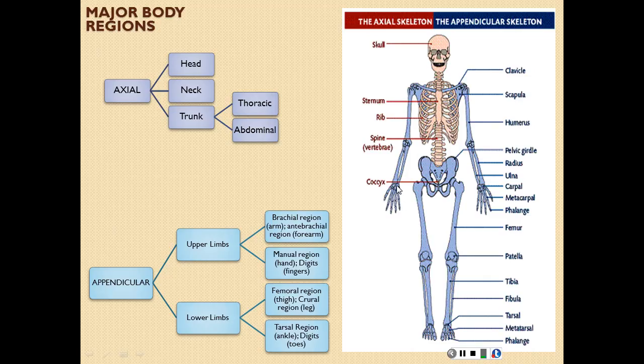The manual region deals with our hands, and our digits are our fingers. We deal with the lower extremity. We deal with the femoral region, which would be the thigh region, and the crural region, which is the leg. Then we have our tarsal region, which is our ankle, and our digits, which are our toes.